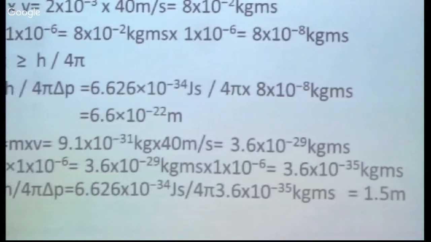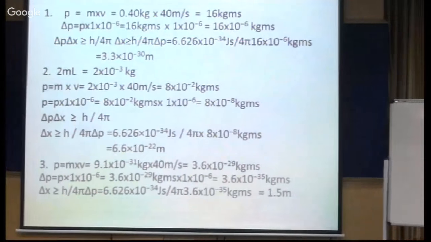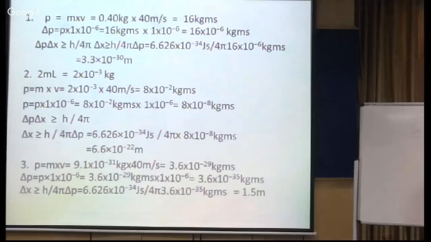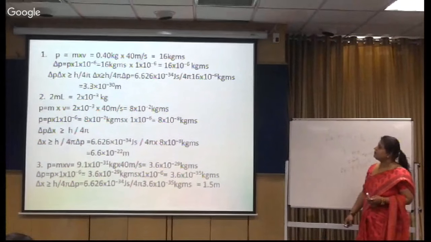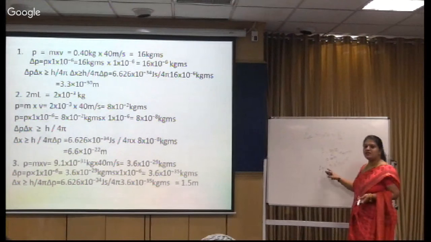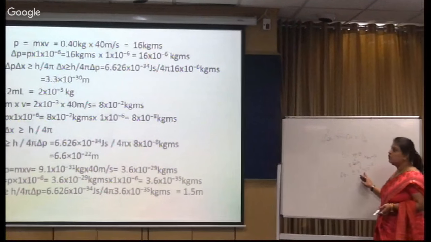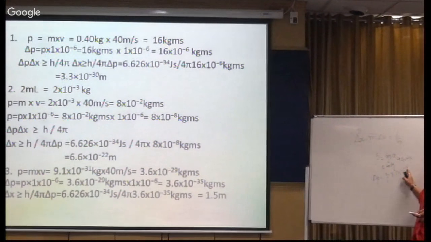See, P is equal to mv, that is 0.40 kg into 40 meter per second. That comes out to be 16 kg meter per second. Then we have delta P is equal to what? Uncertainty in momentum into 1 into 10 to the power minus 6.